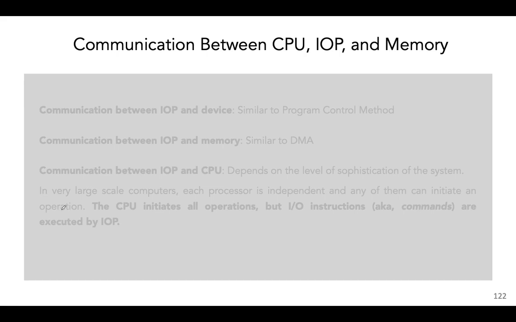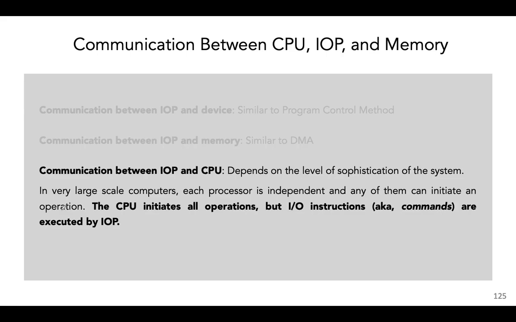Now let's see how CPU, IOP and memory communicate. The communication between IOP and the peripheral device is similar to the program control method. The communication between IOP and memory is similar to DMA, direct memory access. Now the communication between IOP and CPU is a bit more complicated. It depends on the level of sophistication of the system.